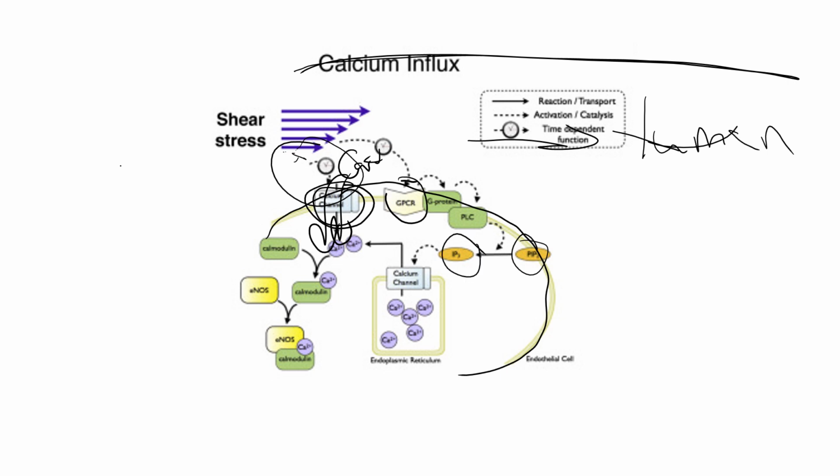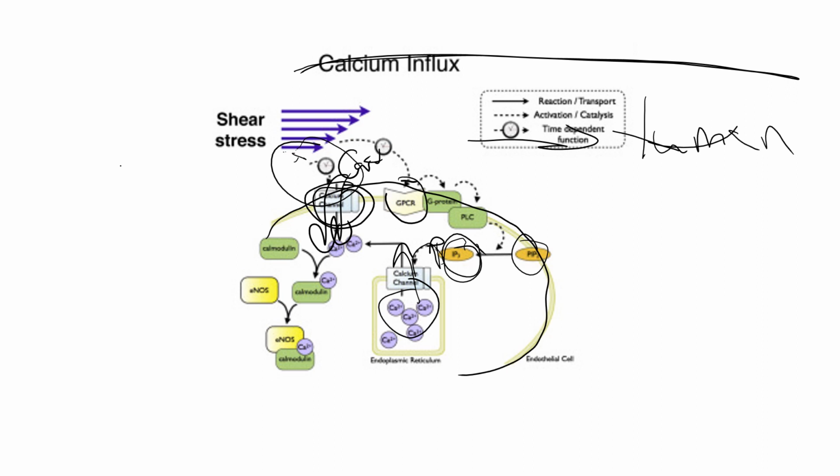So shear stress occurs, and that activates a G protein pathway. The alpha subunit dissociates away from the beta and the gamma, and activates phospholipase C. Phospholipase C converts PIP2 into IP3 and DAG, and here you're seeing IP3 levels increasing inside of the endothelial cell because of the shear stress it's experiencing. And what IP3 does is it then causes calcium to be released from the endoplasmic reticulum of the endothelial cell.